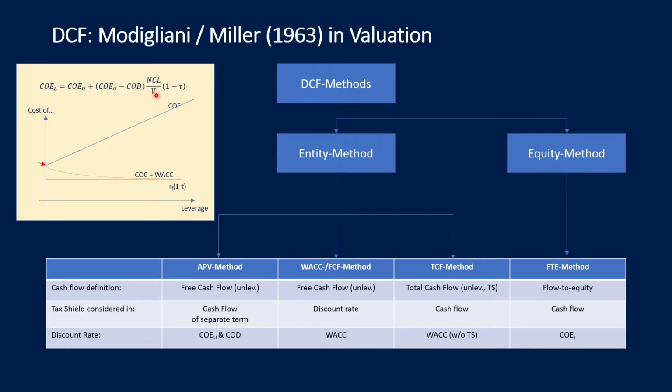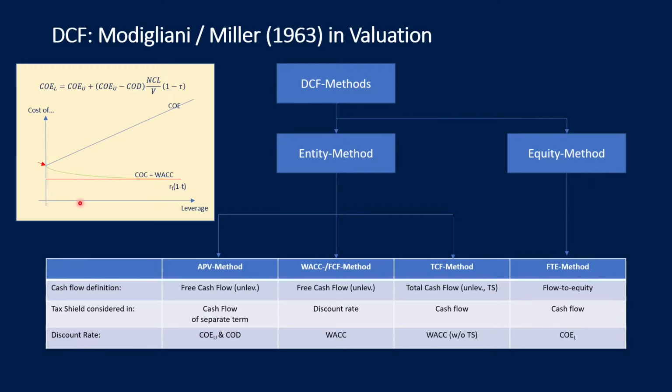I have replaced the equity here by V, which is the market value of the equity, because when it comes to business valuations, we always replace equity by market value of equity, because it has to be based on the market value typically. And 1 minus t, where t is the tax. Since the interest is deductible from the tax base, it becomes more and more advantageous to use debt.